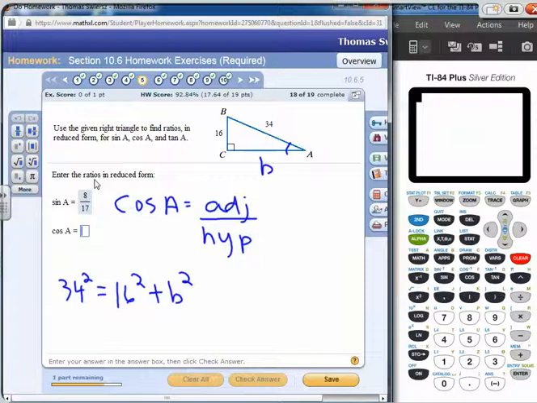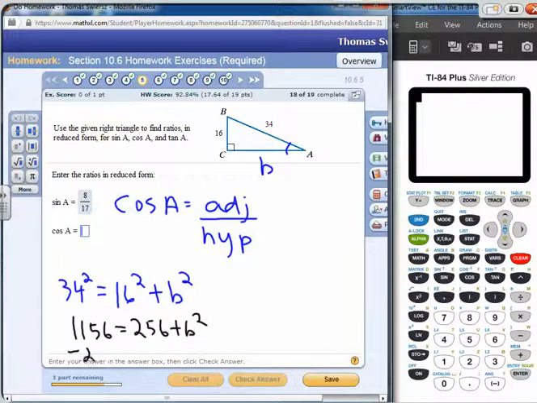Okay, so 34 squared, if we do that on a calculator, 34 squared is 1156. So 1156 is equal to 16 squared, which is 256, plus b squared.